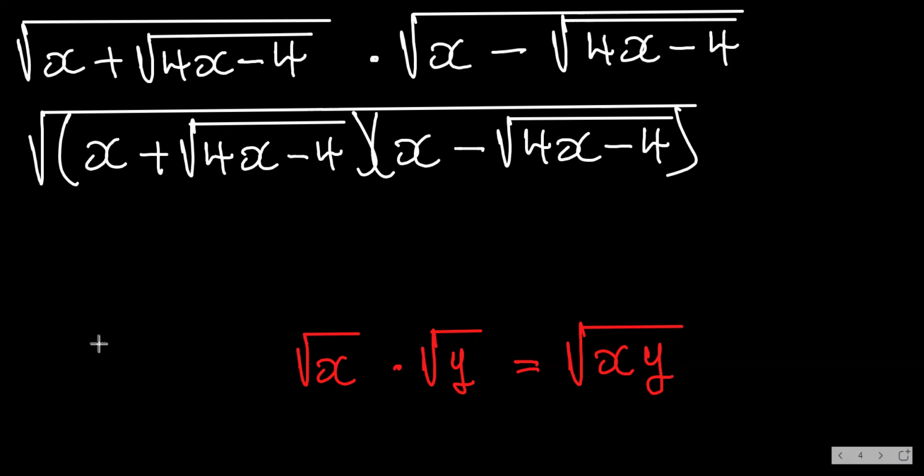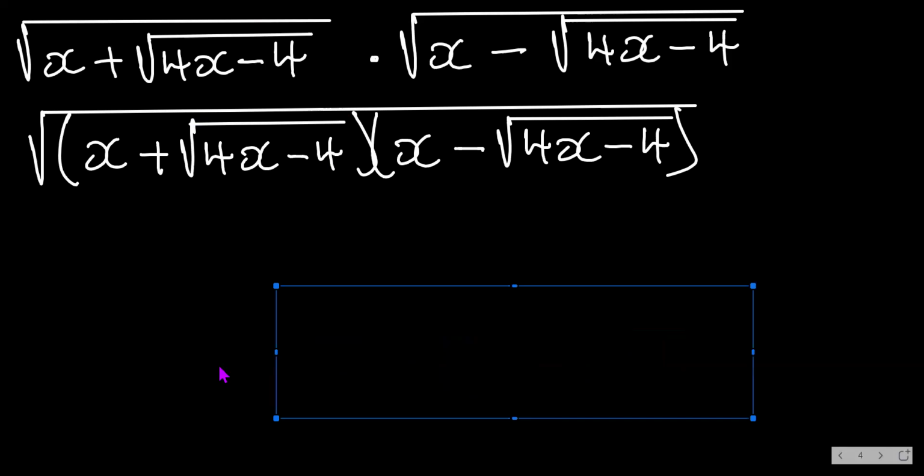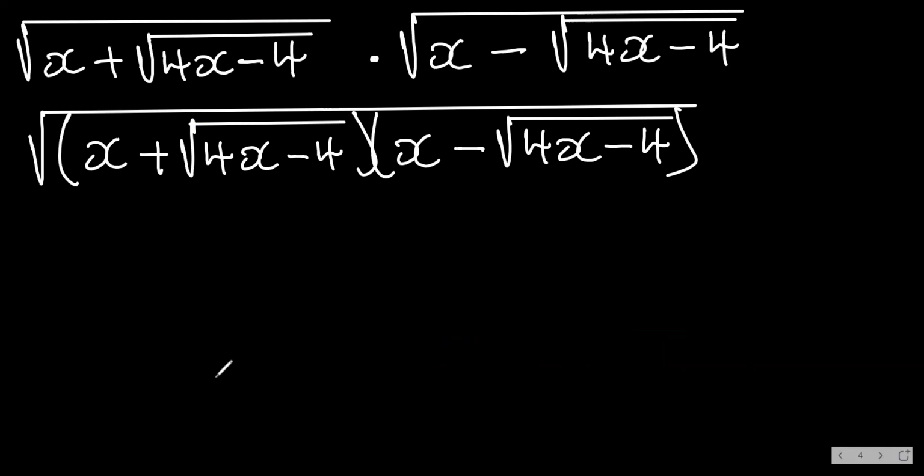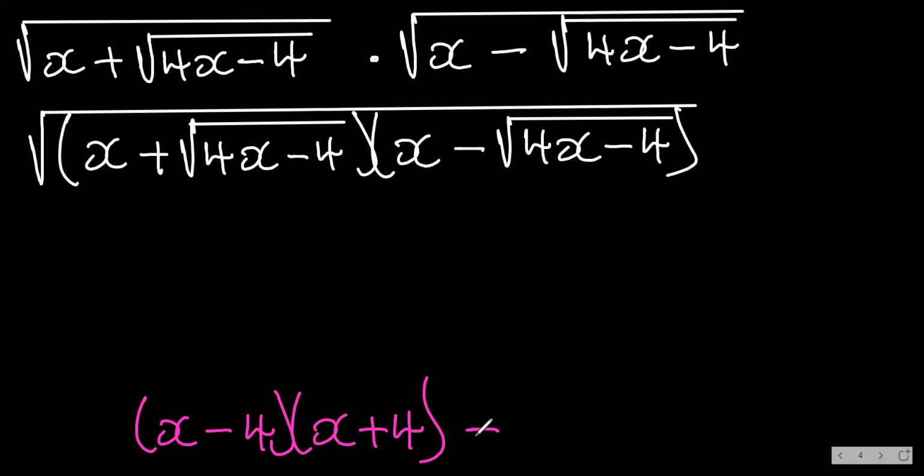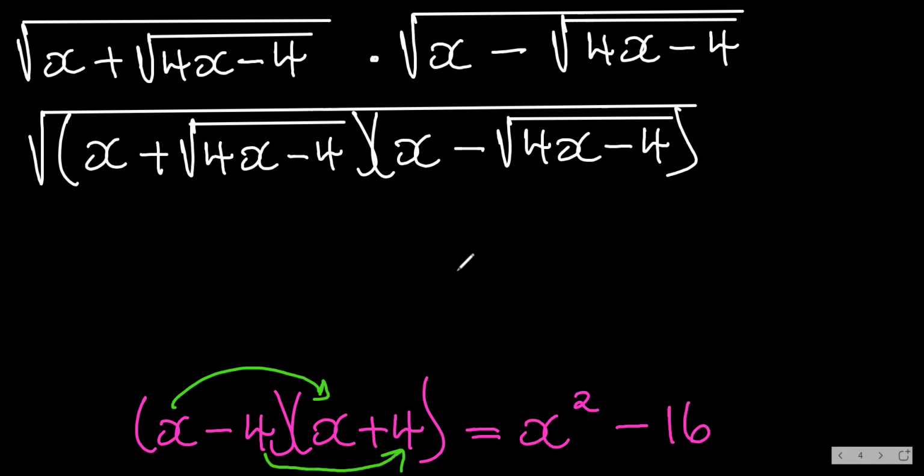Then we realize something as we look at the terms within the big square root. We know that when you have x minus 4 times x plus 4, those are conjugates of one another, and if you must expand, you just need to multiply the first terms and the last terms together because the middle terms will cancel out.